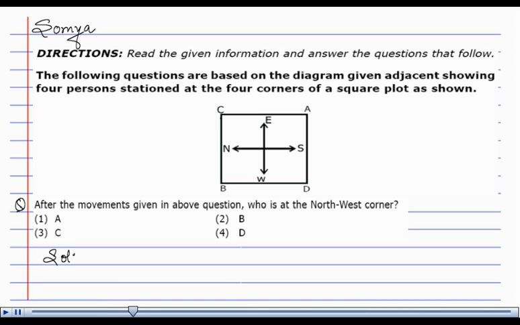For the solution, in the previous question, we had found out that after moving diagonally, A and C have switched places, making B and D move their situations.